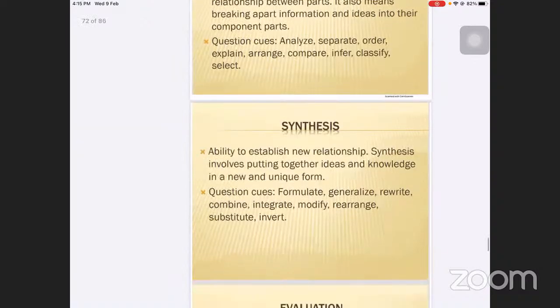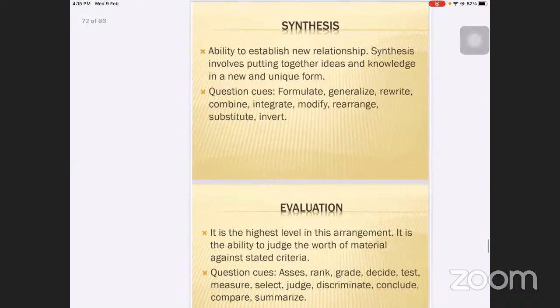Now synthesis is this knowledge. Synthesis means combining all the things together and forming one principle, or one theory, or a formula, or another kind of explanation. So these all come under the head of synthesis.